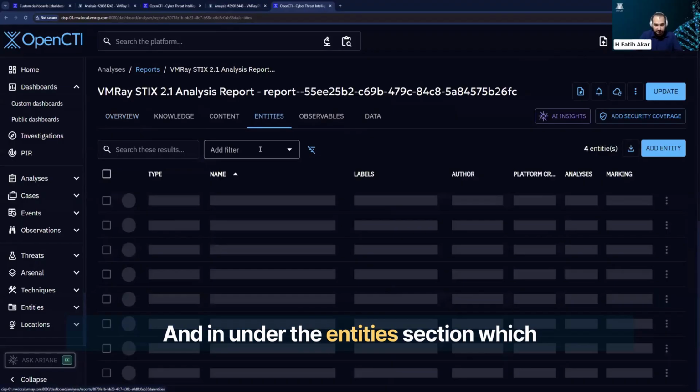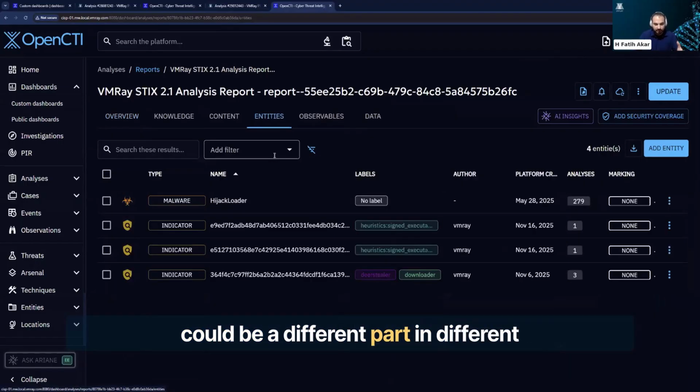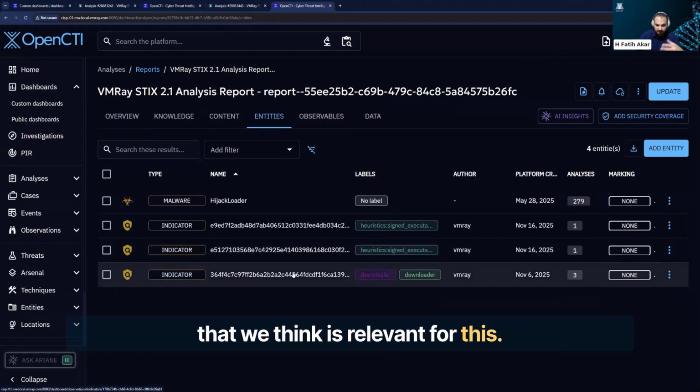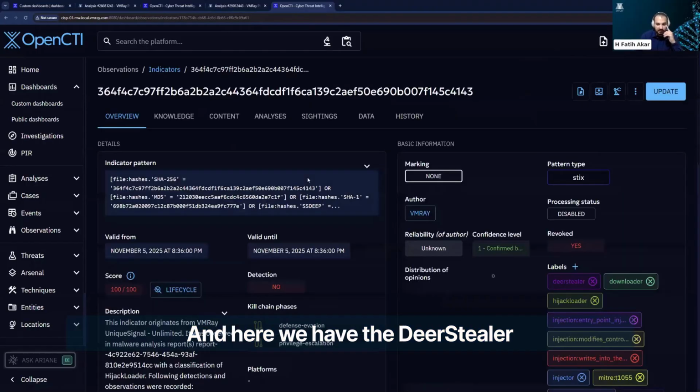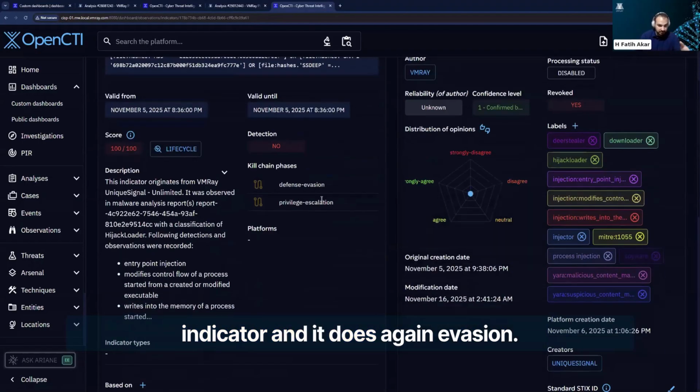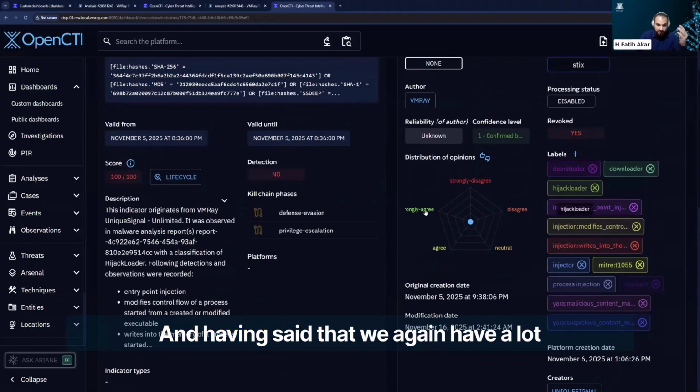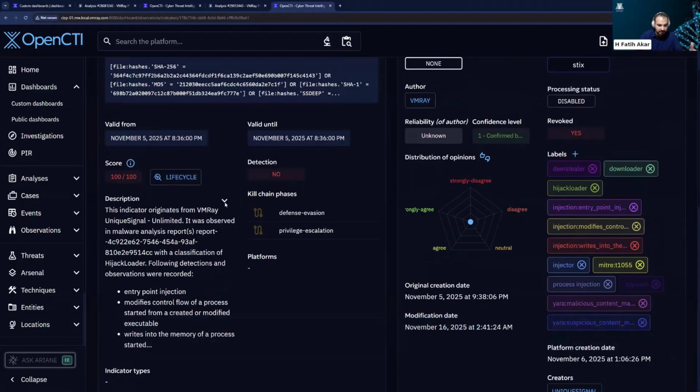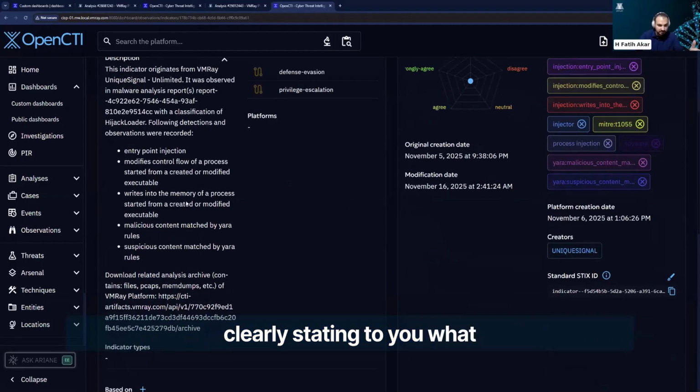And under the entities section, which could be a different part in different platforms, you can see all the indicators that we think are relevant for this. And here we have the Deer Stealer indicator, and it does, again, evasion. And having said that, we again have a lot of information around the labels, and also clearly stating to you what this particular indicator is relevant to.